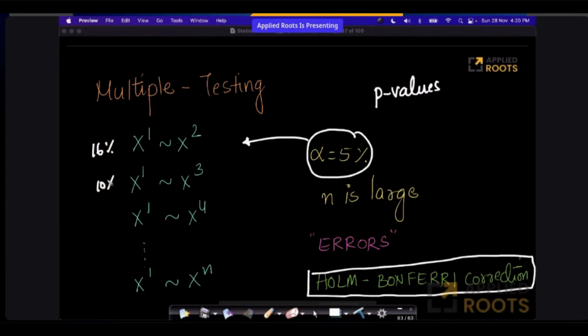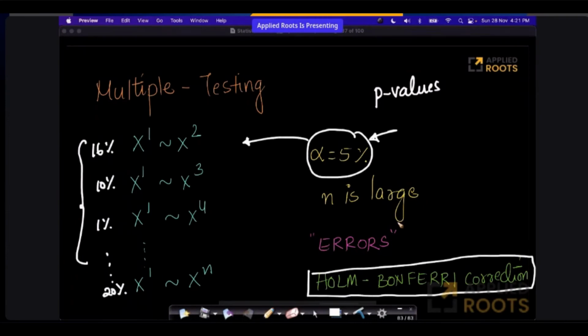For this, some 10%. For this, you might get a p-value of 1%, and so on and so forth. For this, you might have got a p-value of 20%. So the Holm-Bonferroni correction basically says, don't use the same significance level for all of them. Make it stricter as you have more tests that you're conducting.